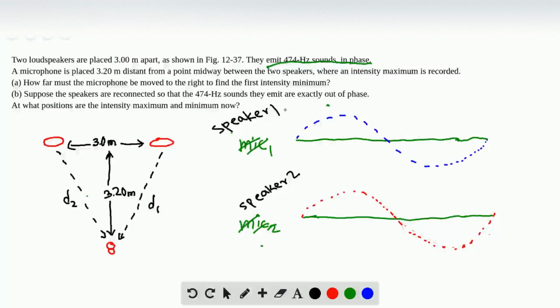Now if we want to find the first intensity minimum, we see that it needs to go half of the wavelength, because if the microphone is around, let's say, this region, they have this maximum value, and then it needs to go around this point where they don't have the maxima. So this is the node, and that's the minima.